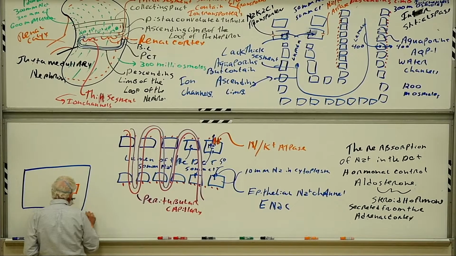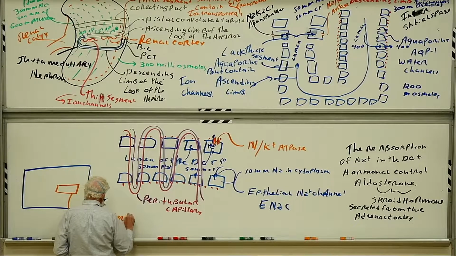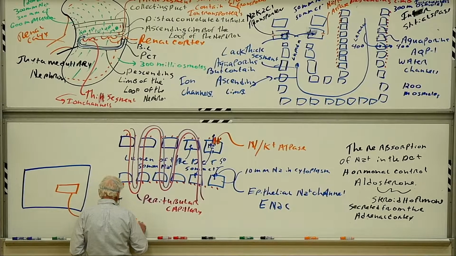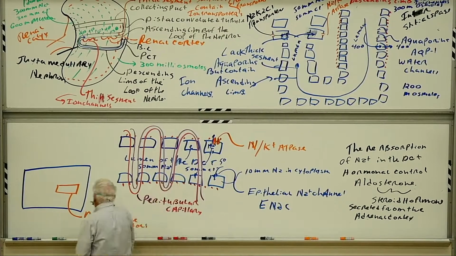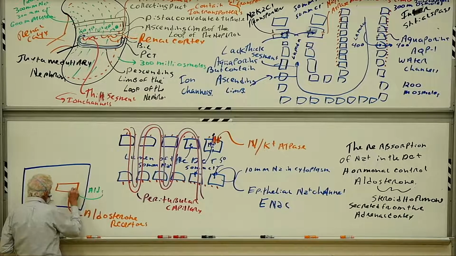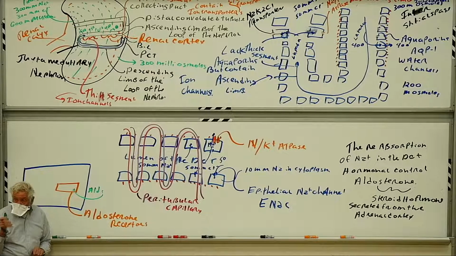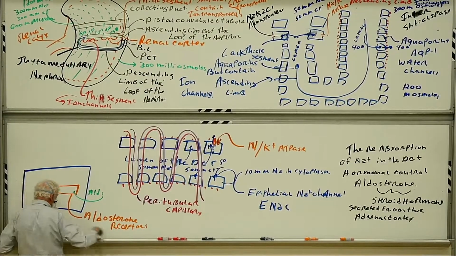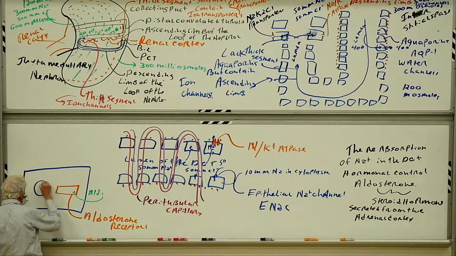These will be aldosterone receptors. When the aldosterone comes in, it binds to that receptor. And you'll remember the sequence of events of steroid hormones. The aldosterone binds to the steroid hormone receptor, and that will then lead that receptor hormone complex to the nucleus.